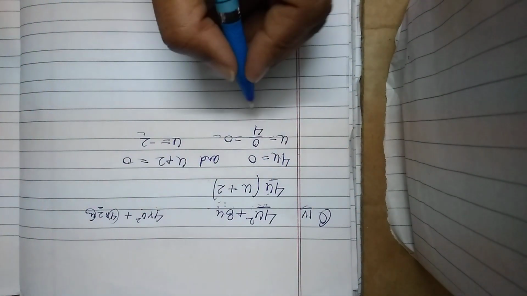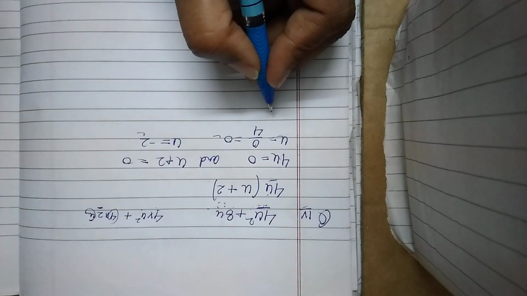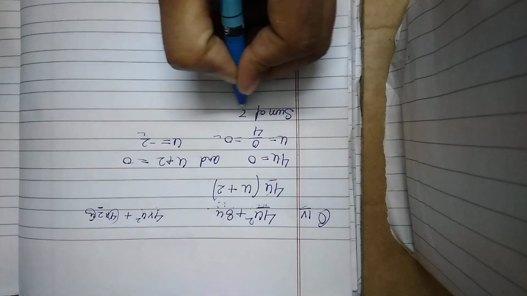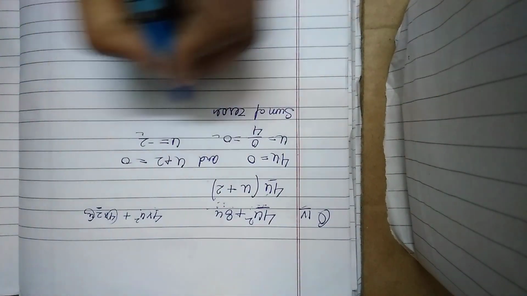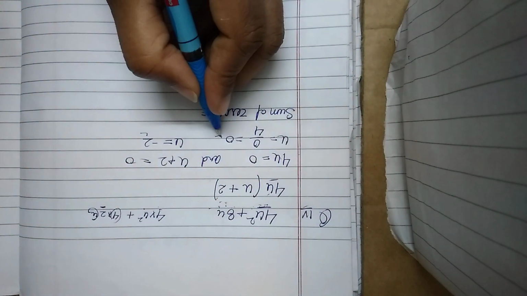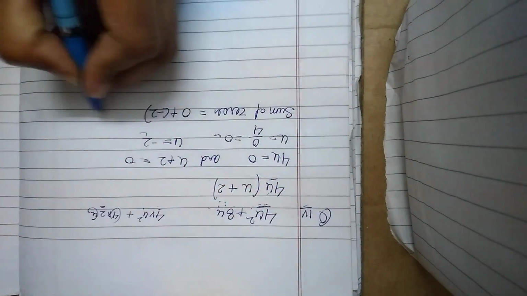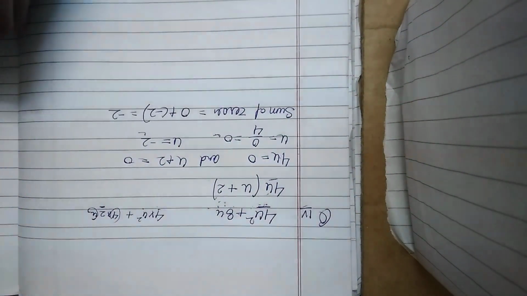Now find the relationship between zeros and their coefficients. Now sum of zeros: first zero is 0, second is minus 2, their sum is minus 2.